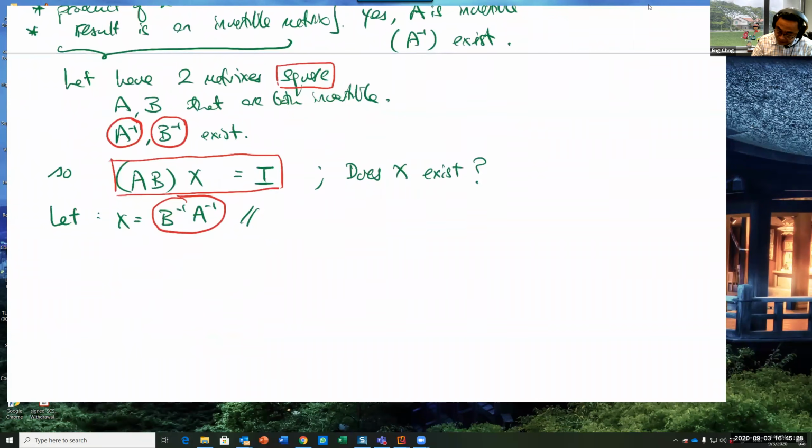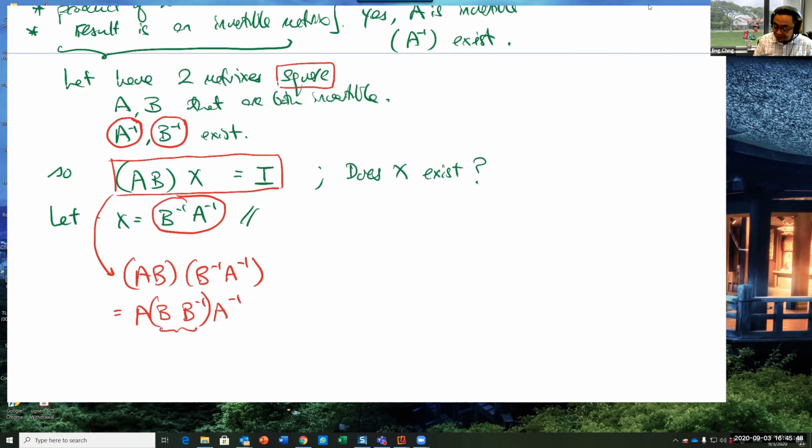All right, so what do we do? We plug in AB times B minus 1, A minus 1. Then we want to check. We open up the brackets, close the brackets, and we see that B times B minus 1 is I. We get rid of the I because I does nothing when we multiply a matrix with it.